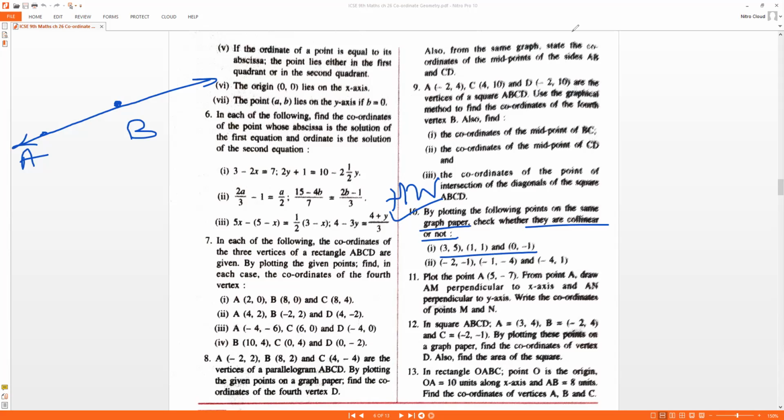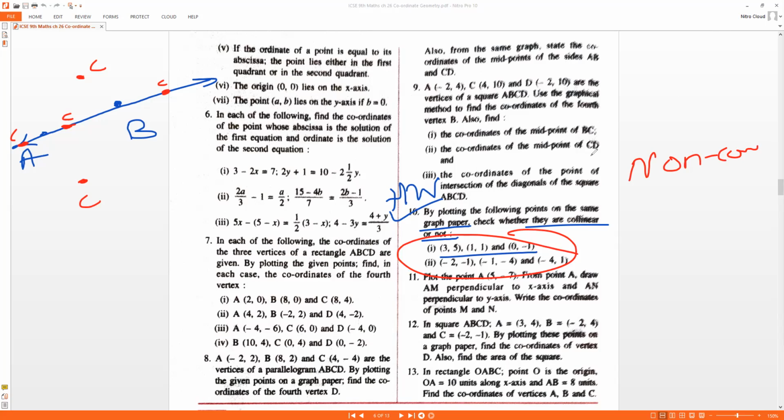But when I introduce a third point, let's say C, then it may be collinear. It may lie on the same line before A, between A and B, or after B. Or it may lie on some other side also. If the points lie on the same line, they are called collinear. If the three given points do not lie on the same line, they are called non-collinear. So in these two questions, you have to use the same graph paper.